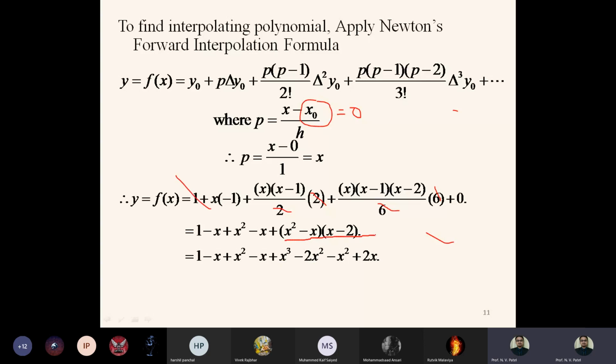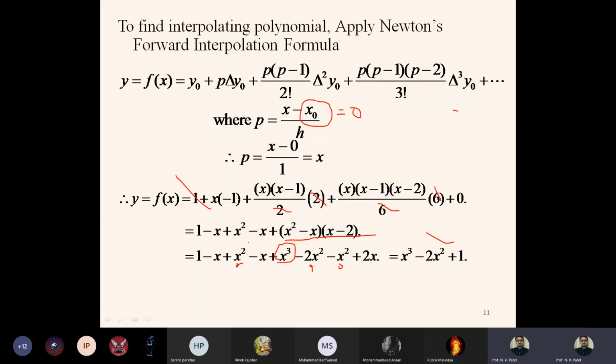Simplify this bracket once more. That is x cube minus 2x square minus x square plus 2x. Now for constructing our polynomial, first collect similar terms in order from highest to lowest. The highest order term is x cube. Then the x square terms: plus x square minus 2x square minus x square.